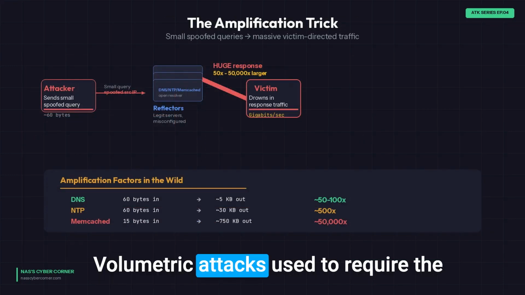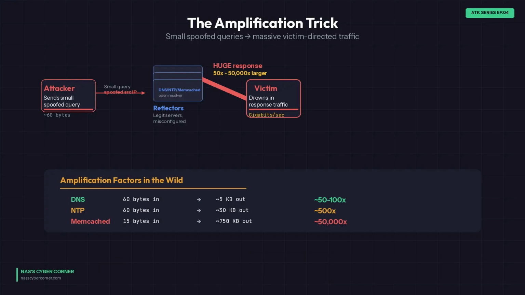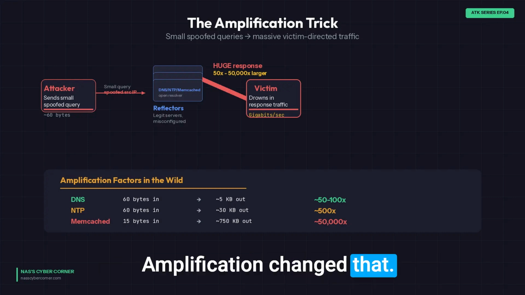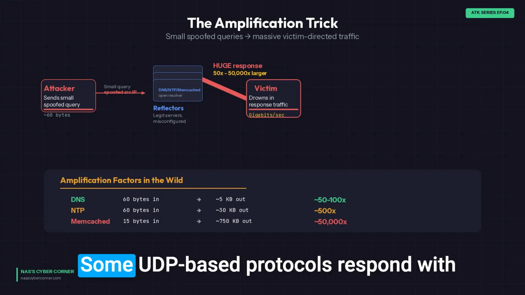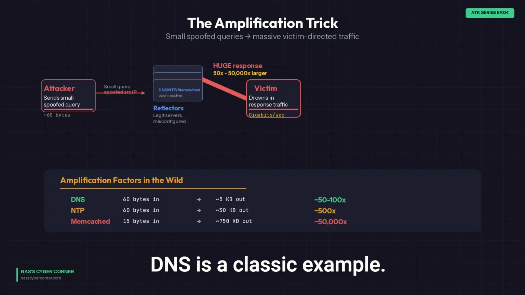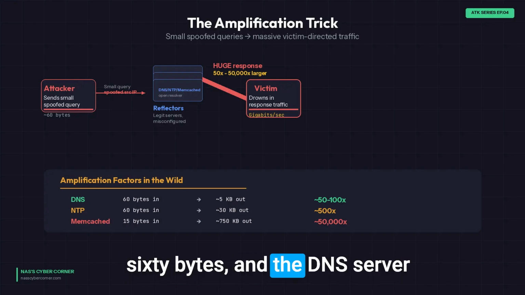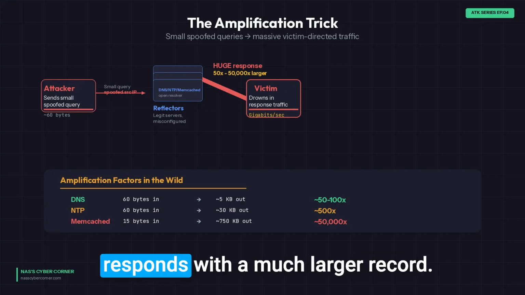Volumetric attacks used to require the attacker to have massive bandwidth. Amplification changed that. Here's the trick. Some UDP-based protocols respond with much more data than you sent them. DNS is a classic example. You send a small query, let's say 60 bytes, and the DNS server responds with a much larger record.